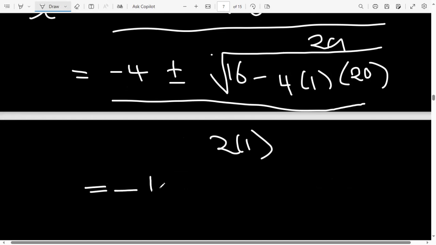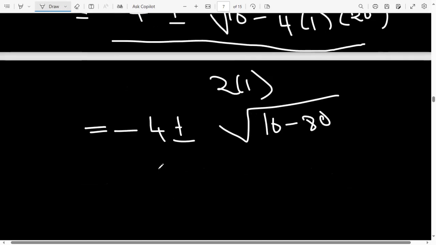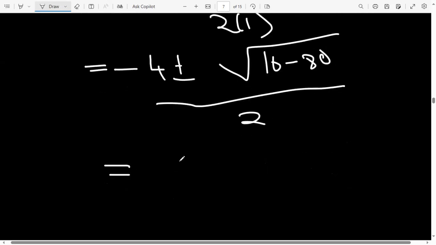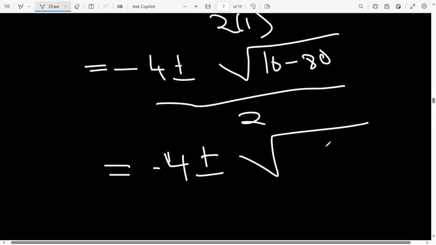So we have minus 4 plus or minus, and then under the root, we are going to have 16 minus 80. So this equation here does not have any solution. Minus 4 plus or minus the root of 16 minus 80, which is minus 64.